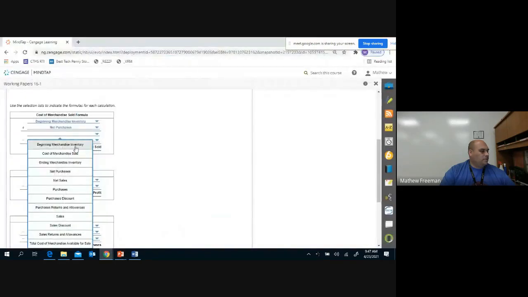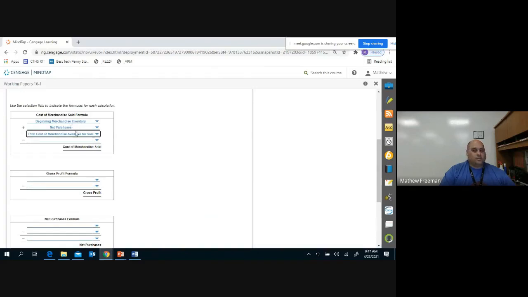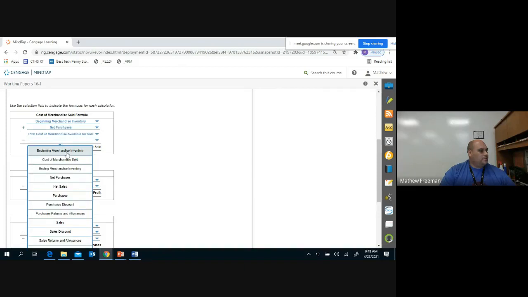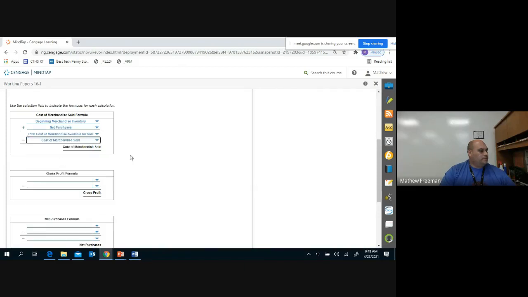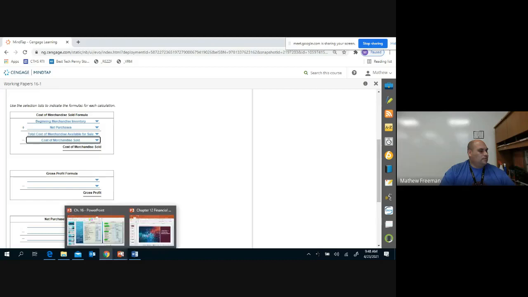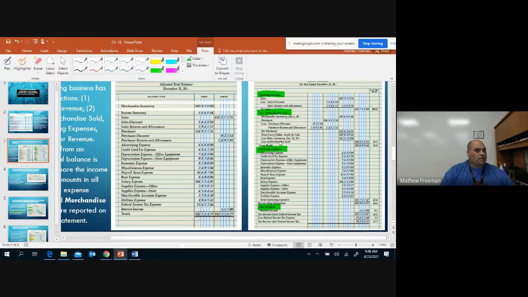Total merchandise available, because that is now what our beginning plus our net purchases are, minus our cost of merchandise sold, as we see right here, cost of merchandise sold.